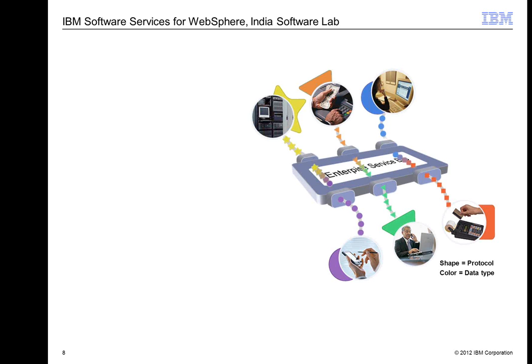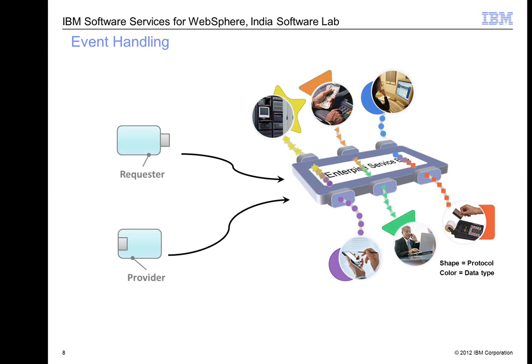There's one aspect that we have not discussed in detail, which is event handling. Various source systems and target systems can also participate in service orientation by sending different event information to the enterprise service bus, and also subscribing to the different events which are available to the enterprise service bus.